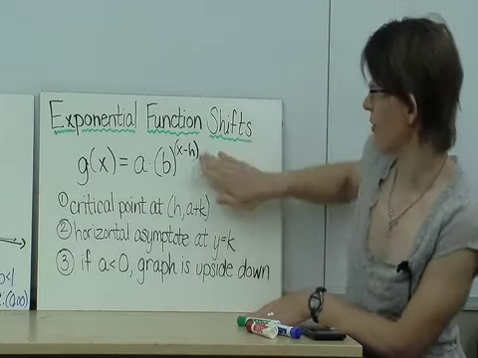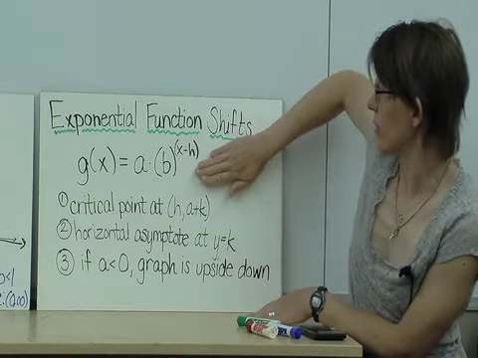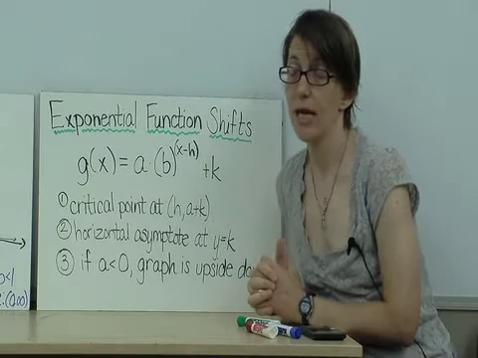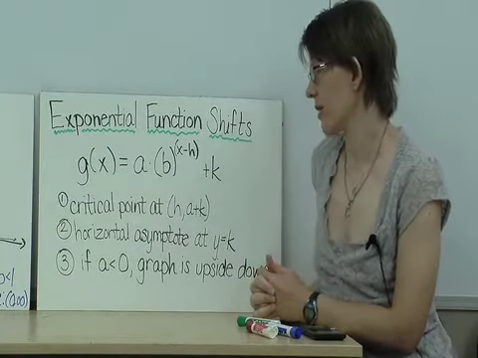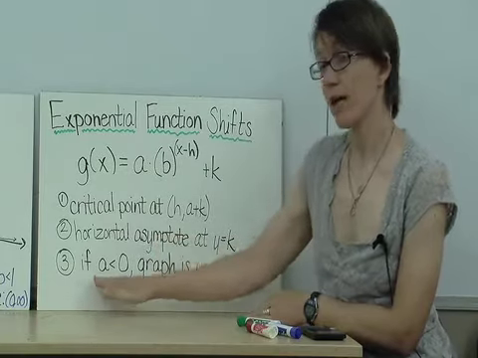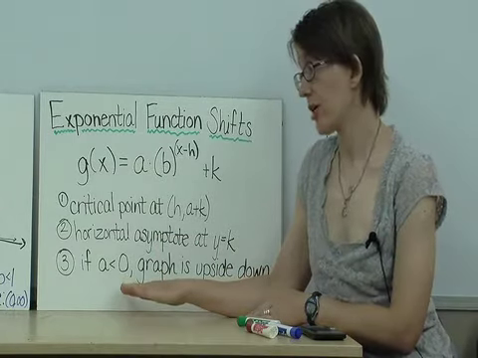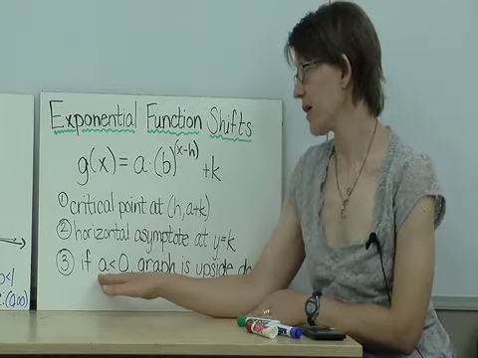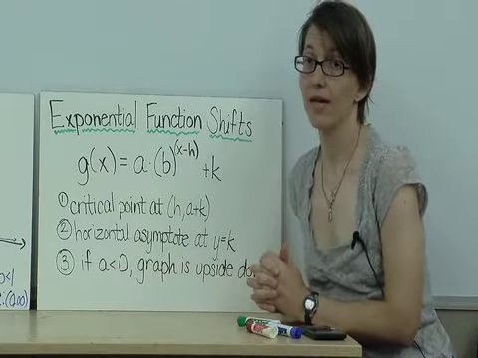Now the default, if k is equal to 0, and we wouldn't see it here then, would be y equals 0. So the x-axis would operate as a horizontal asymptote. And as with all of our other function transformations, if the value of a is less than 0, the graph is upside down.